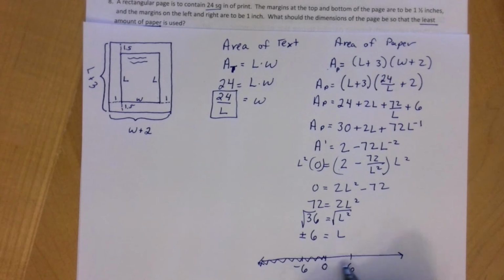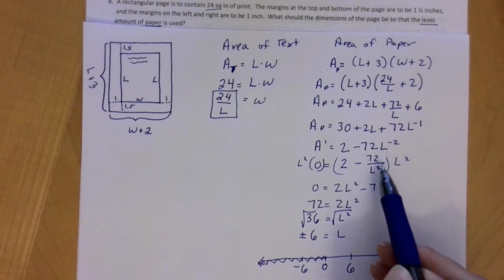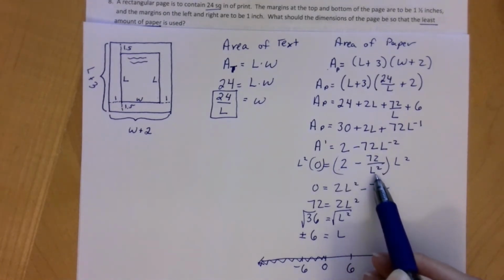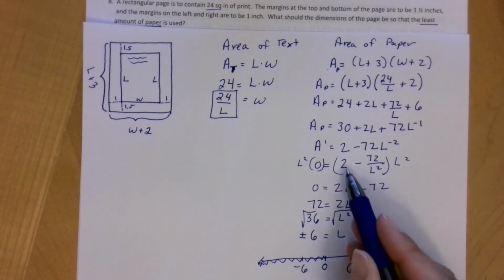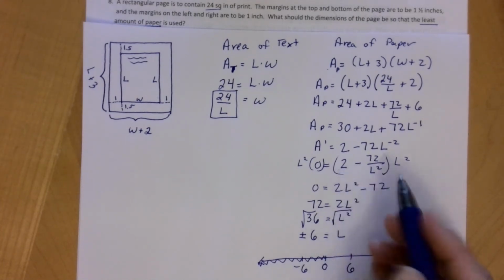And now I'm going to substitute numbers in from 0 to 6 and 6 on into my first derivative. And I'm going to go to my version before I modified it at all. So the 2 minus 72 over L squared. I'm going to substitute a 1 in here. So 2 minus 72 over 1 would be negative.